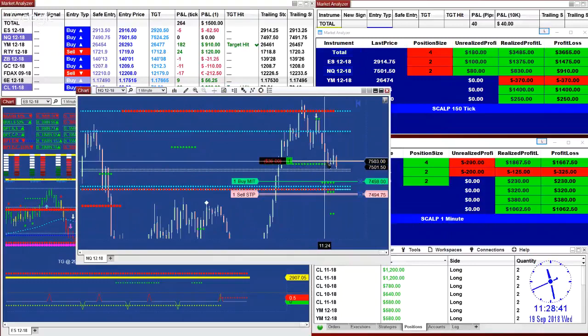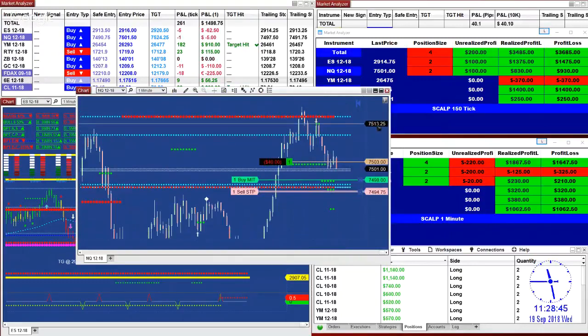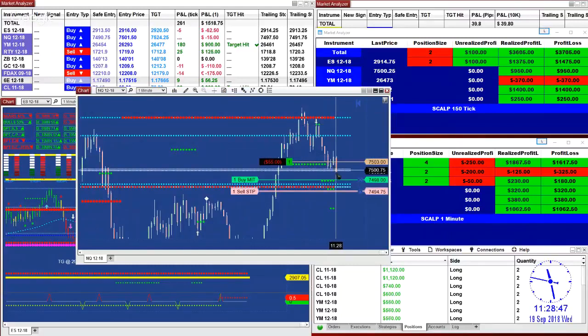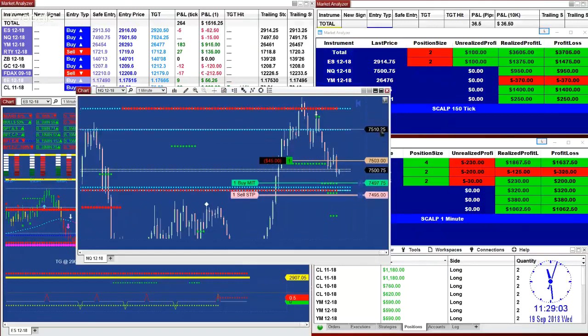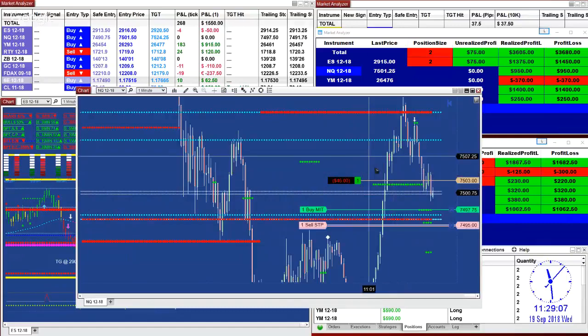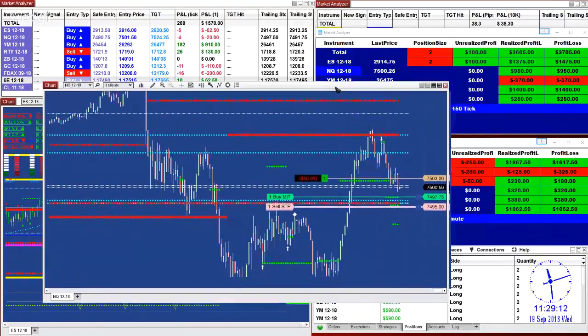If the first contract takes off, we are okay with that. If the market is going to go against us, then at least we can average the price on those two. So this is for the guys who have more than one contract.